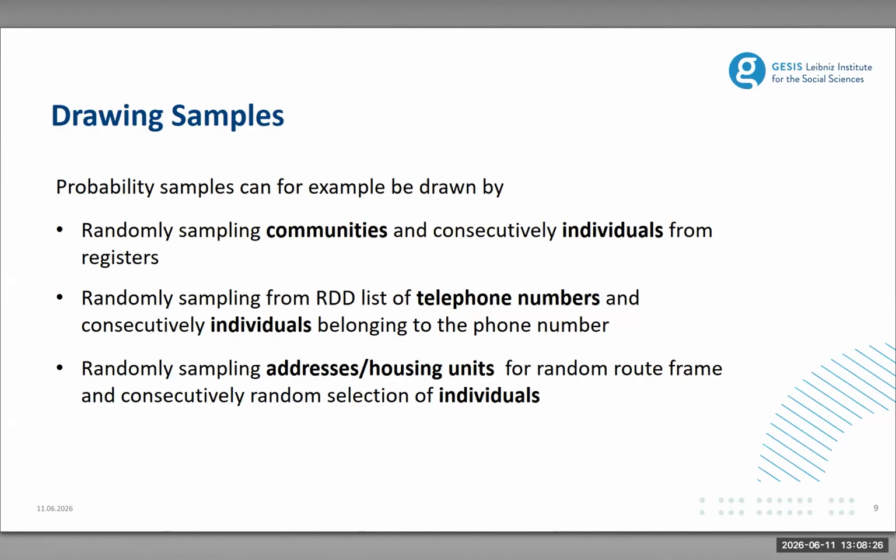So there has to be some random mechanism again to choose which of these persons to interview. And the same, of course, holds for addresses or housing units. If more than one person lives there, you need to randomly choose one of them. But for all these steps, you know the probability of being sampled. So if three people are living there, your probability would be 1/3.